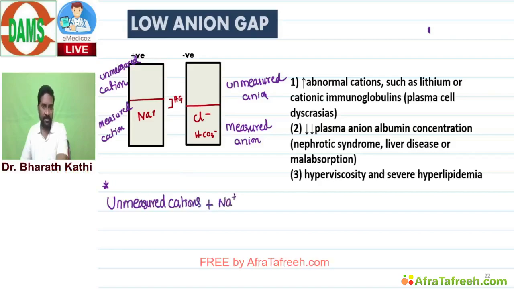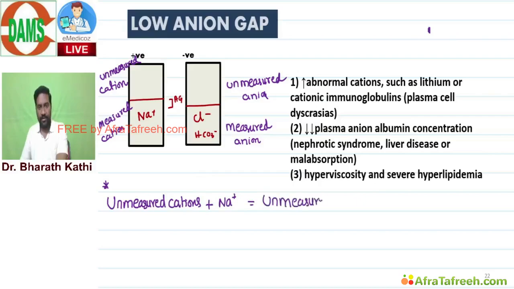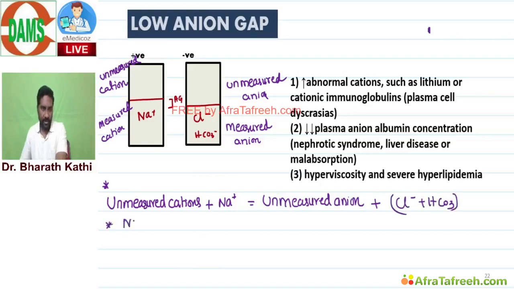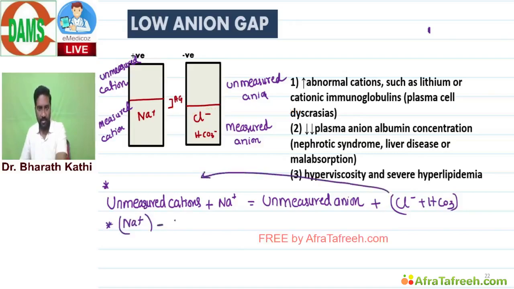Plus measured cation, sodium, is equal to unmeasured anion plus measured anion. What are measured anions? Chloride, bicarbonate. Now changing these sides, Na plus, if I send this to this side, this positive will become negative, minus chloride plus bicarbonate.